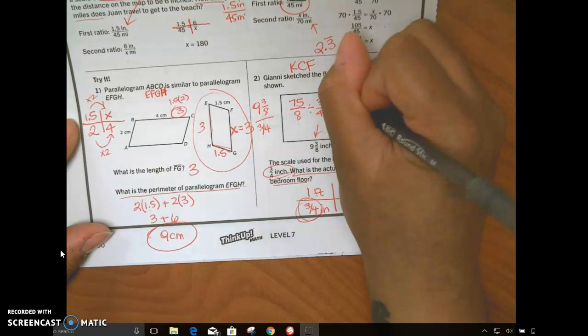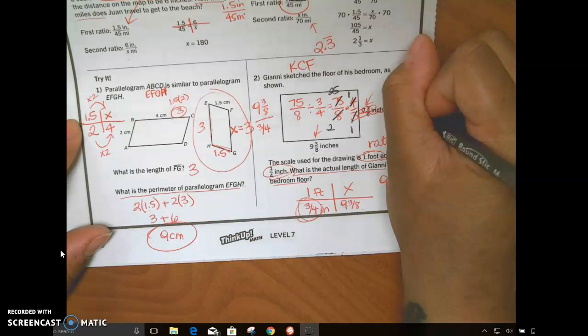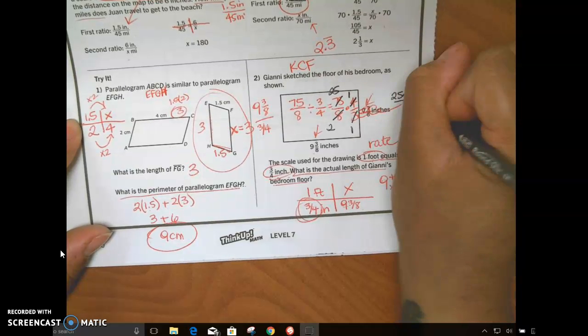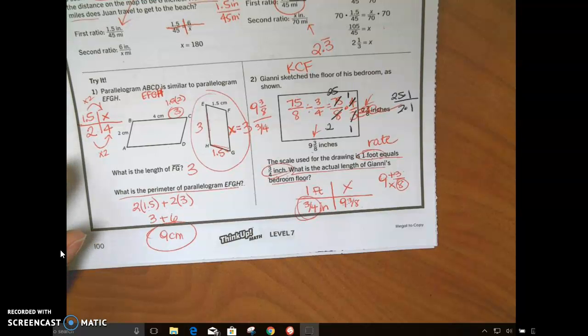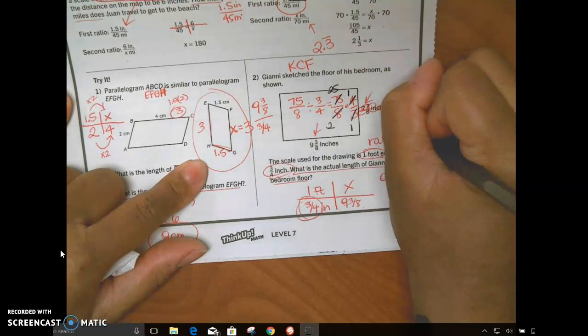Now it's time for the 25. My new problem is 25 times 1 over 2 times 1. Who can I get rid of? The 1. And who's left? 25 over 2.